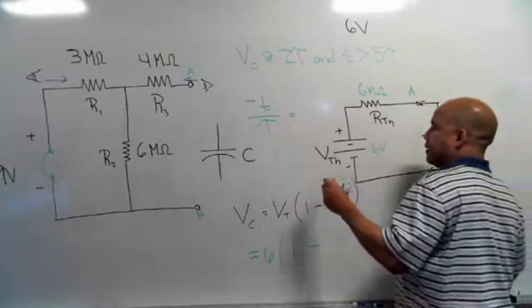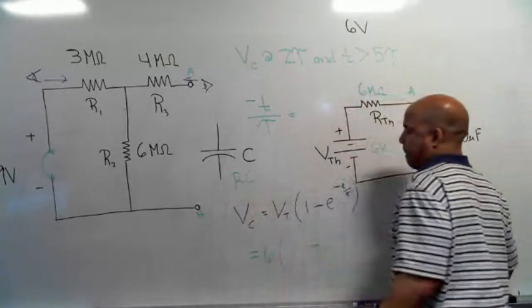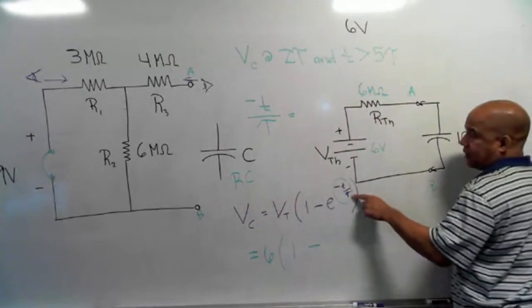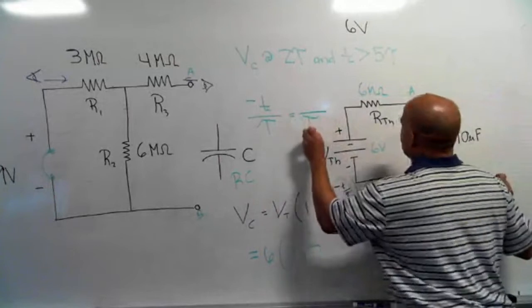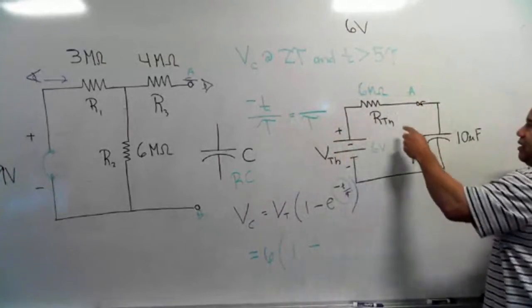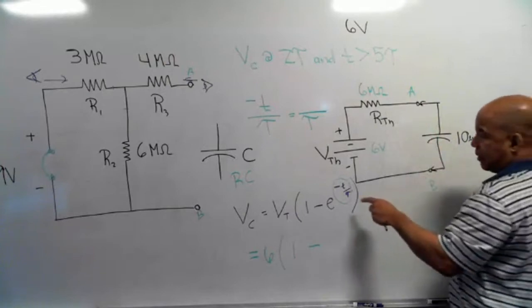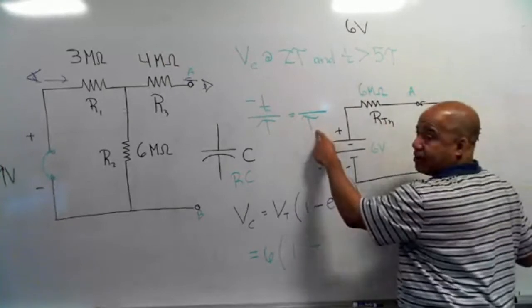Well, if you remember, tau is just RC. So since they have that tau there, I can just put that down there because this is going to be RC. I can put the actual time in seconds, or I can leave it in terms of tau. I know R times C is tau, so that's tau.